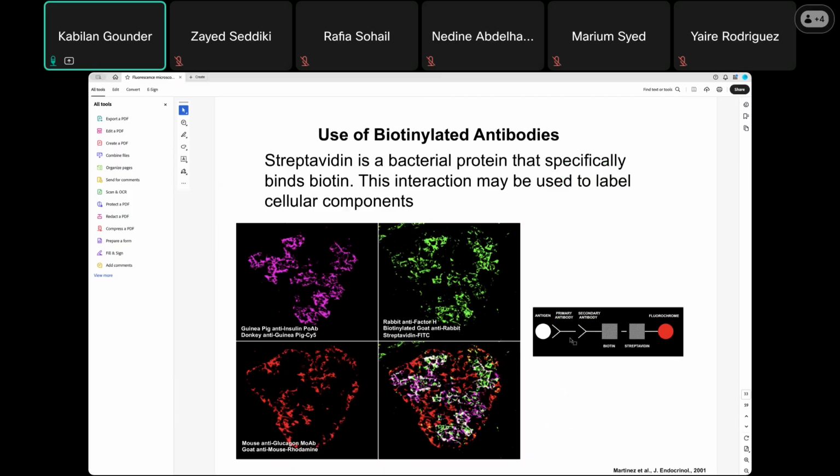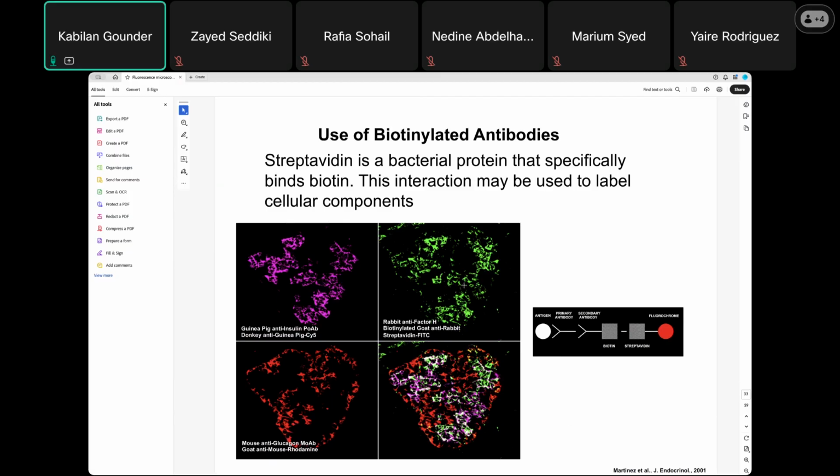Similarly, another method is also used to detect fluorescent proteins. Here the streptavidin is a bacterial protein that specifically binds biotin. This interaction may be used to label cellular components. Here they use a guinea pig anti-insulin polyclonal antibody, a rabbit anti-factor H, and a mouse anti-glucagon, and this is multicolor.